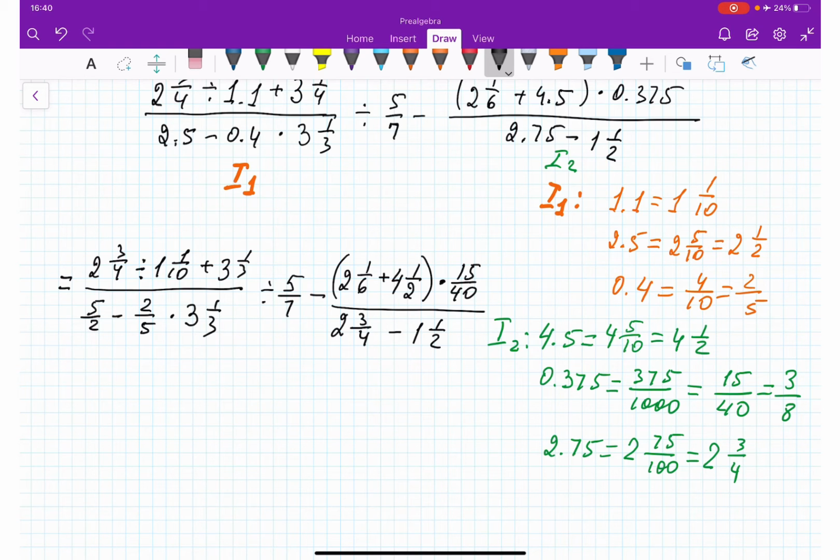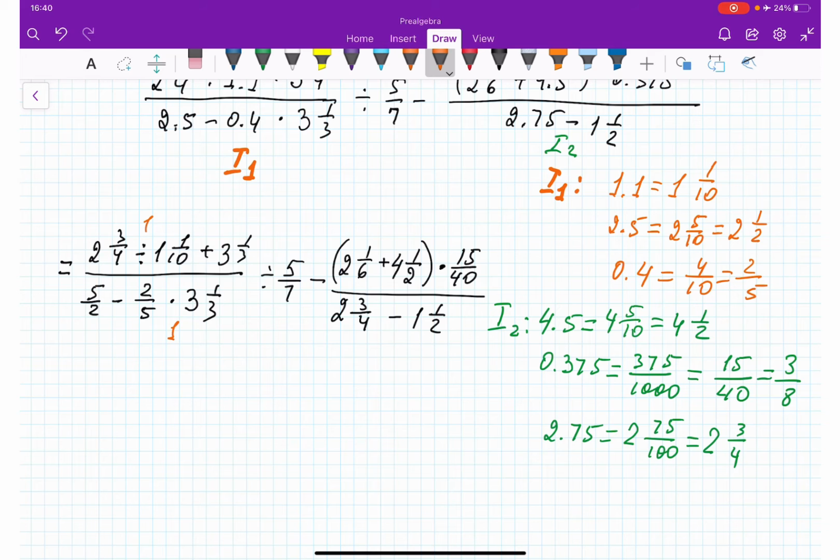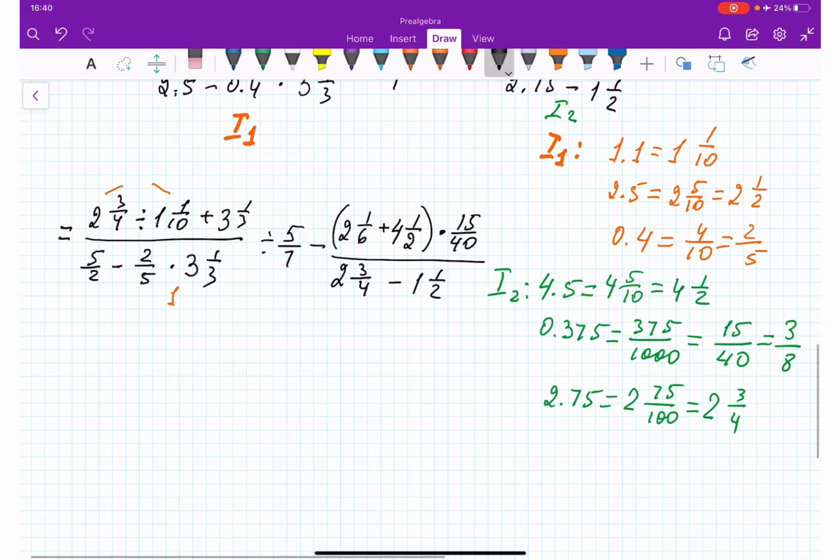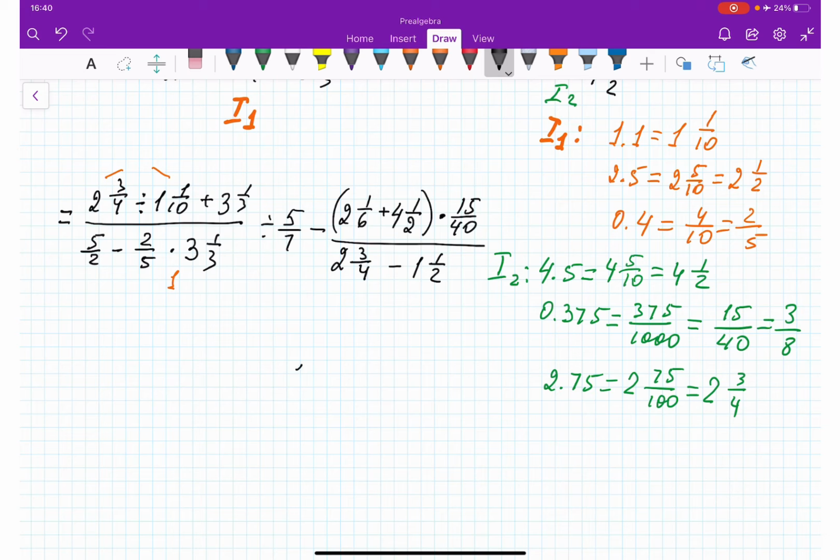So what simplifications am I going to do? First thing, I'm going to do the division here, the first one, and this multiplication here. What am I going to get here as a result of division? Let's divide 2 and 3/4 divided by 1 and 1/10. We need to convert into improper fractions, right? 2 times 4 is 8, 8 plus 3 is 11, 11 over 4.